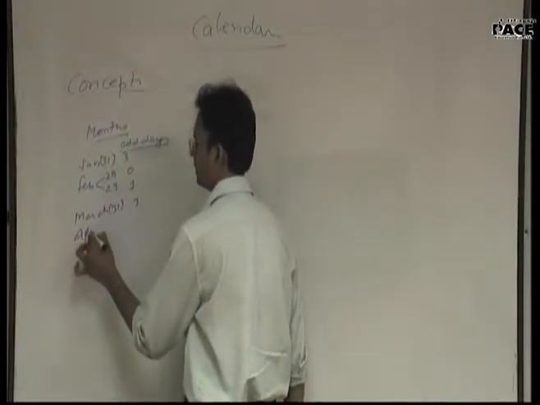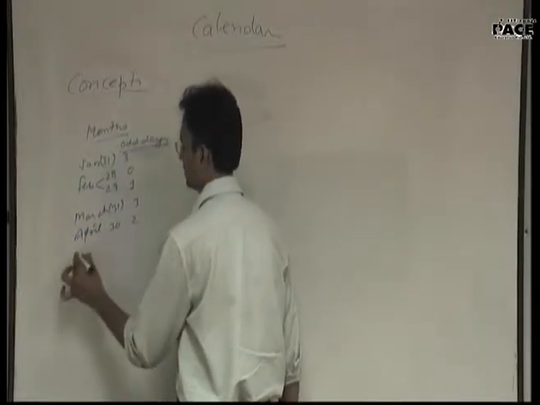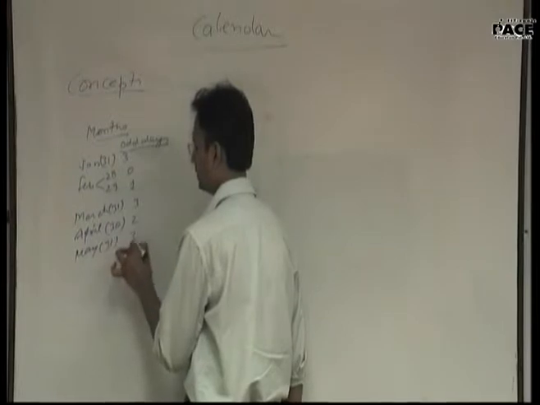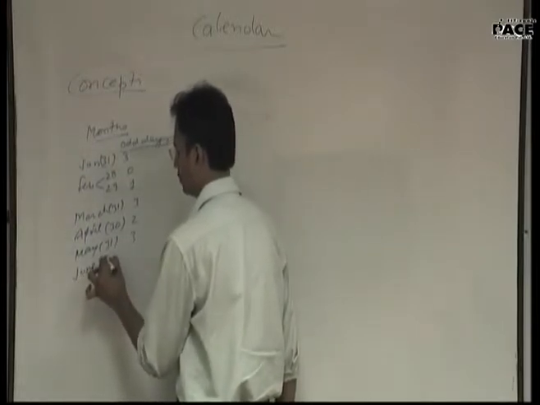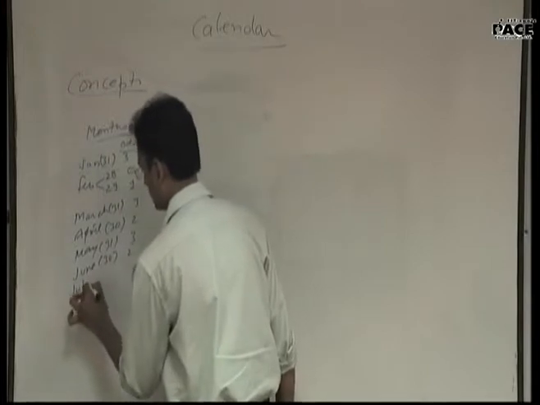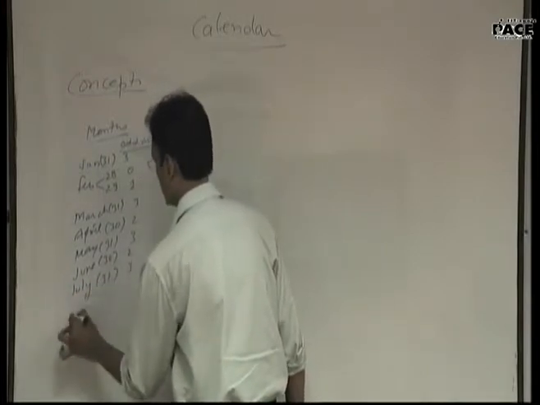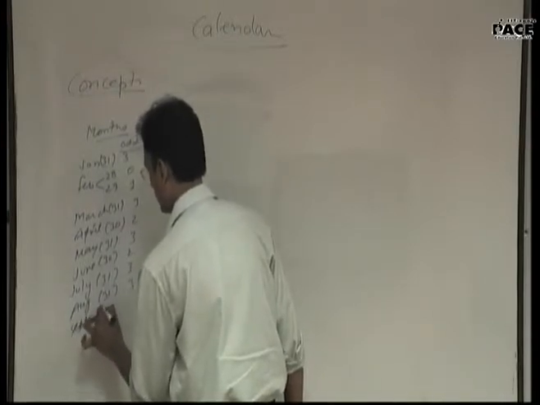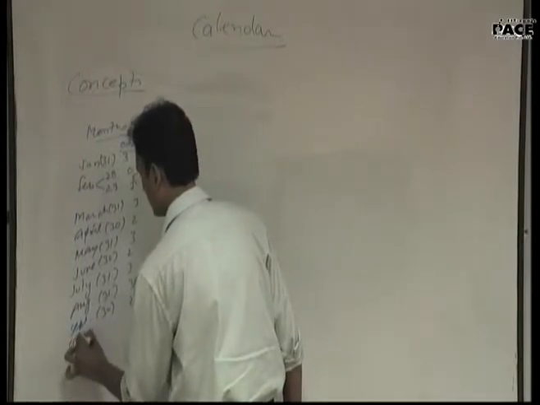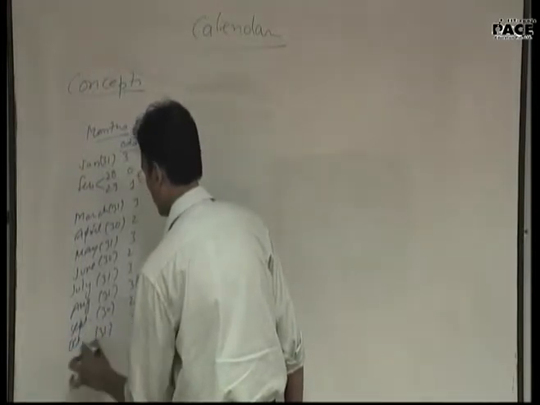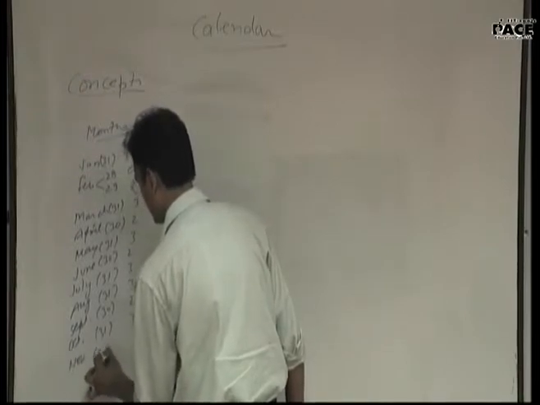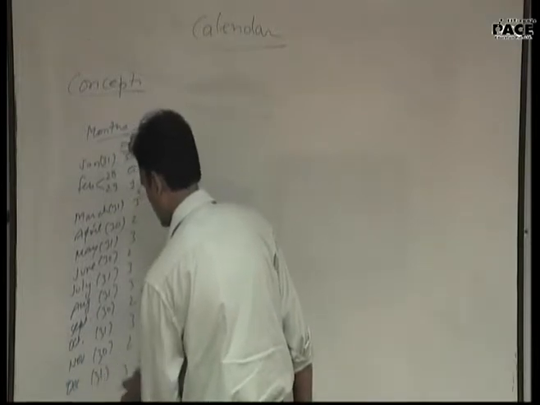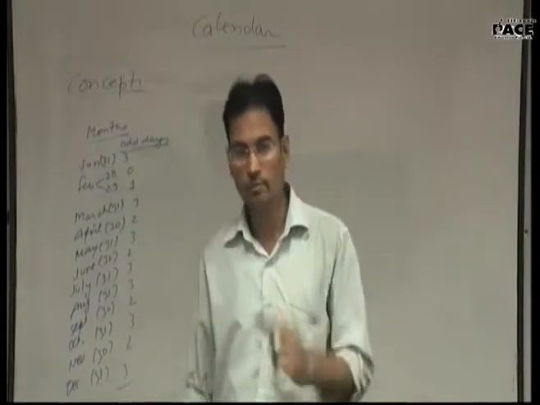April, 2 odd days. May, 31, 3 odd days. June, 2 odd days. July, 3 odd days. August, 3 odd days. September, 2 odd days. October, 3 odd days. November, 2 odd days. December, 3 odd days. So we have odd days for months.